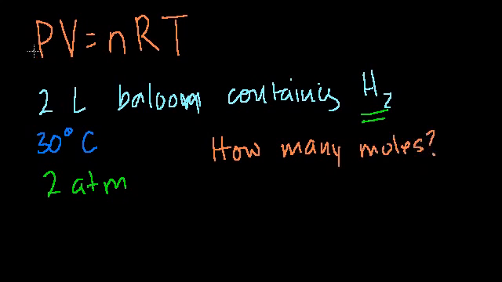So let's apply our ideal gas equation. And since we're dealing with liters and atmospheres, we have to make sure we use the right proportionality constant. But in general, our pressure is given in atmospheres. So let me write down all of the units actually. So we have 2 atmospheres times our volume, 2 liters, is equal to N, the number of particles we care about, right?